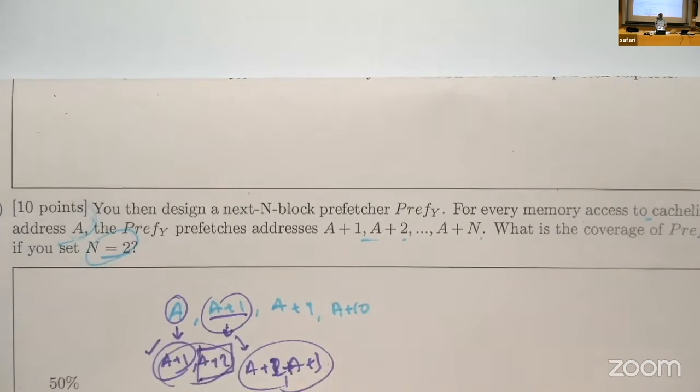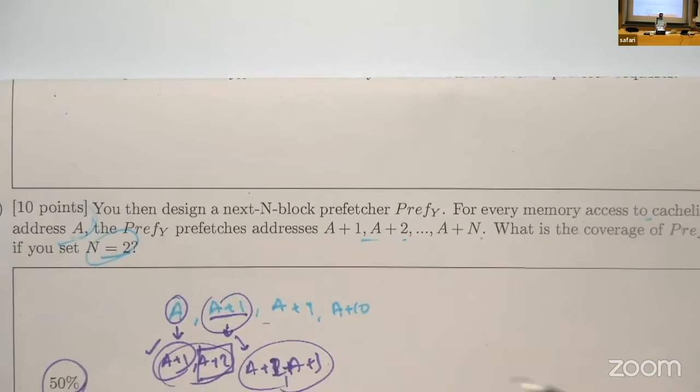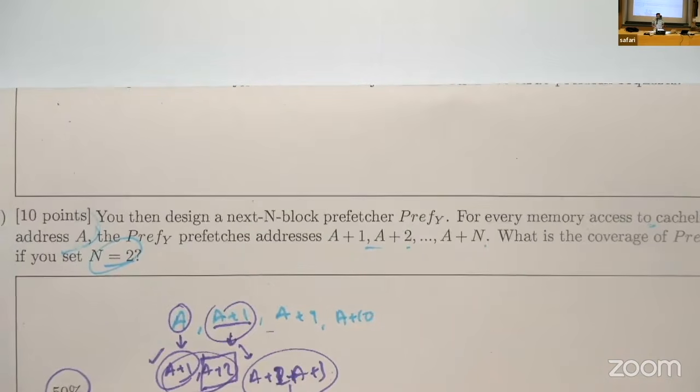And you also prefetch A plus 2, but you never access it in the access pattern, so you never use it. So it's not good. And if you simulate this a little bit, you will see that actually 50% of your prefetch requests become useful. So the coverage value becomes that. So let's move to other parts.